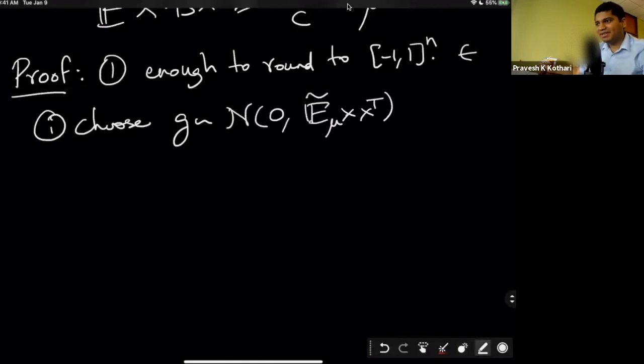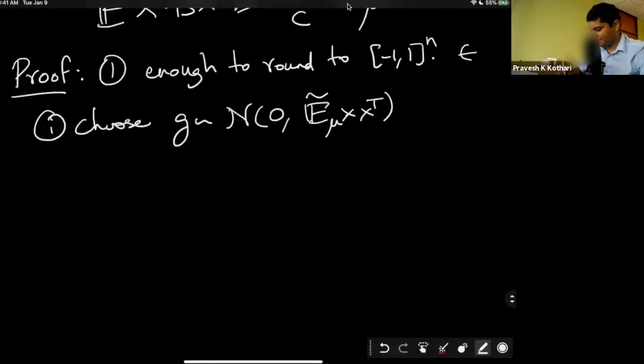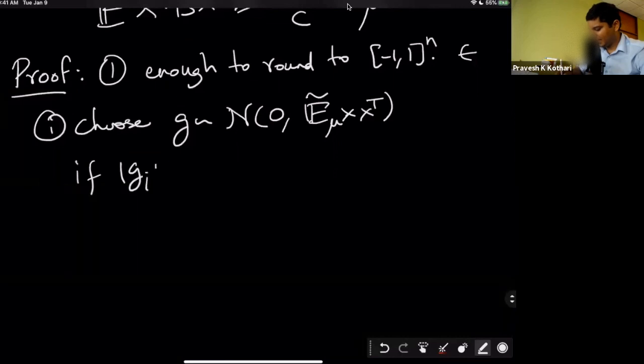Then we could just simply output this Gaussian itself. And in fact, we can even convert it into a point on the hypercube. And so if Gi were small, let's say, for whatever reason, if you could prove that these take no larger values than some big constant C, then you'll get, in fact, a 1 over C approximation immediately.